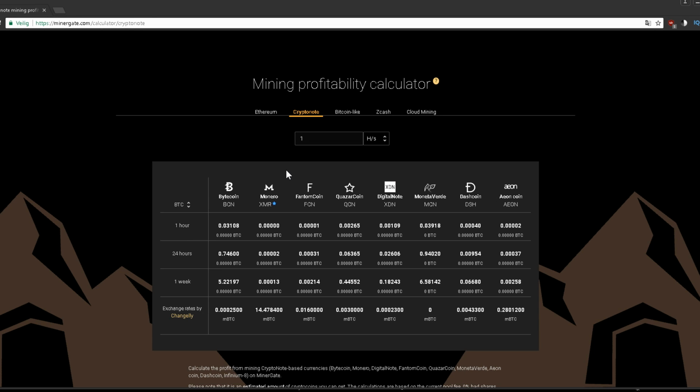So I am always a little bit careful in saying, hey, this is the best and the most profitable coin, period. Mine nothing else. Because it doesn't work like that in cryptocurrency mining.